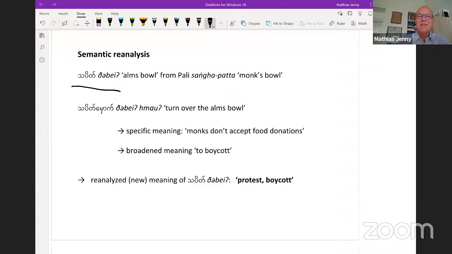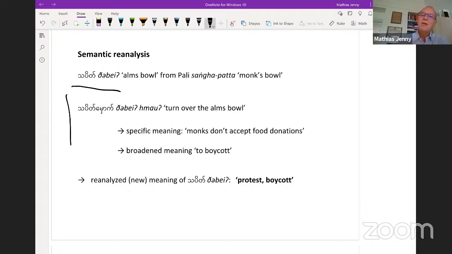And of course, in Burmese, it's just the alms bowl, basically. Now you have the expression, the bay Mao, turn over the alms bowl, which means the monk does not accept food for donations. And this, of course, is a very strong signal of the monk towards the lay person. If the monk says, I don't accept your food, that's the worst the monk can do.